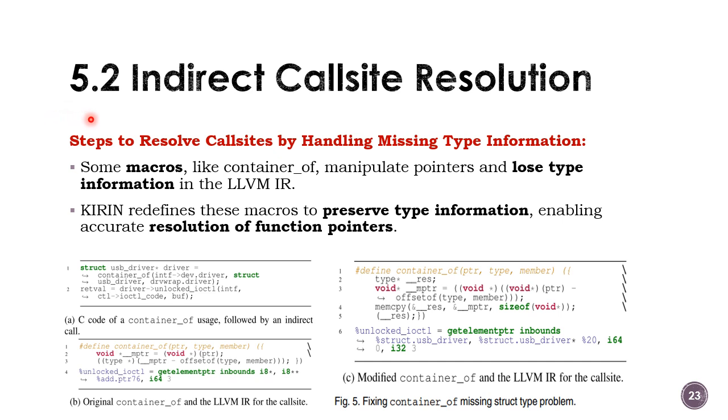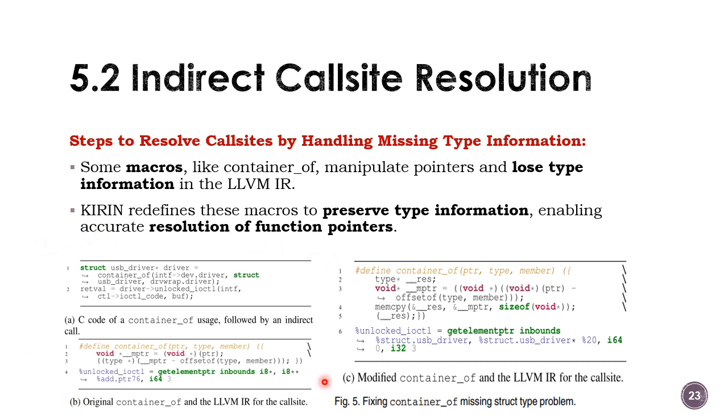For the indirect call site resolution problem, there's another problem: the usage of macros. When using macros in the Linux kernel source code, it might lose the type information when compiled to LLVM-IR. Let's look at the example.